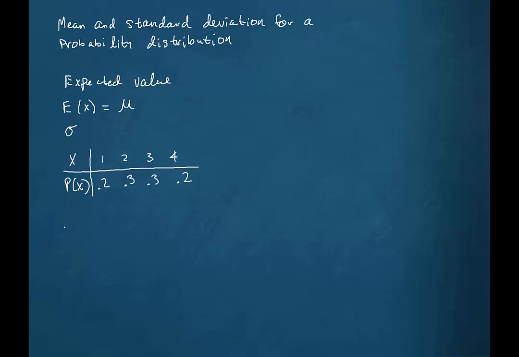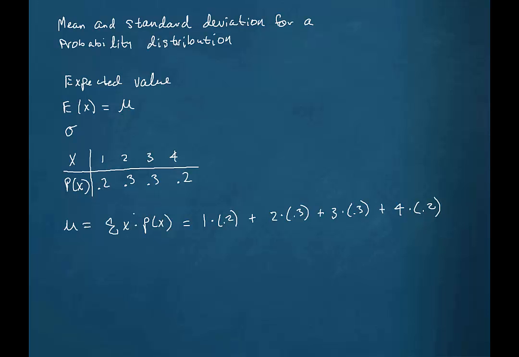We remember that the mean for a probability distribution is found by adding up a bunch of terms, and those terms consist of the products of the values of the random variable and their respective probabilities. So in this case, we'd have 1 times 0.2 plus 2 times 0.3 plus 3 times 0.3 plus 4 times 0.2.